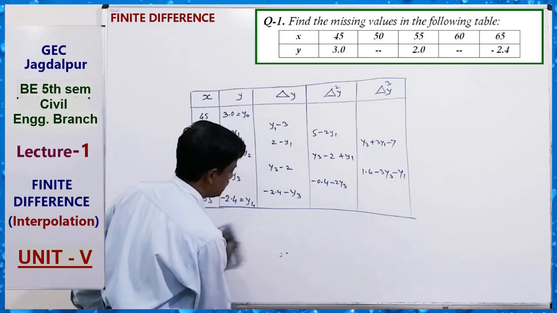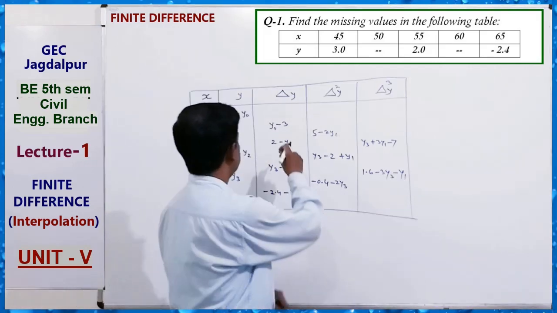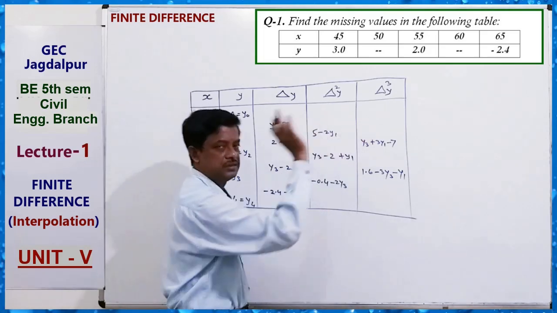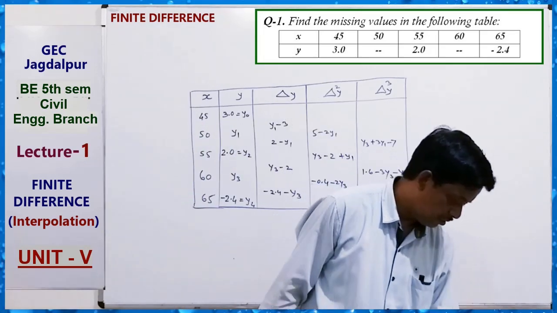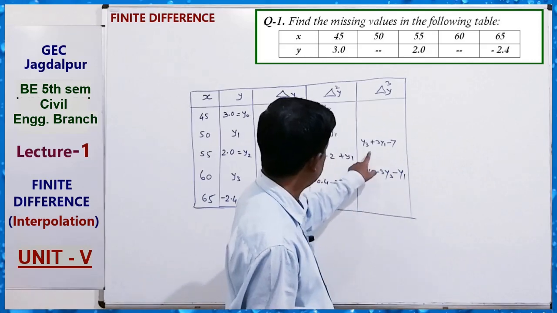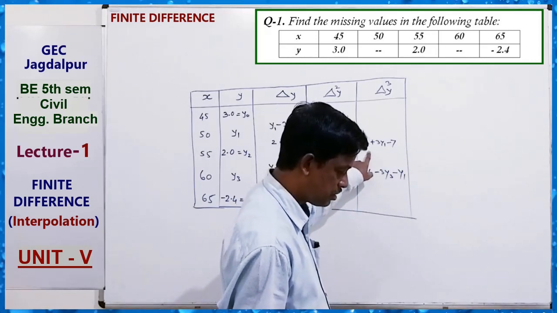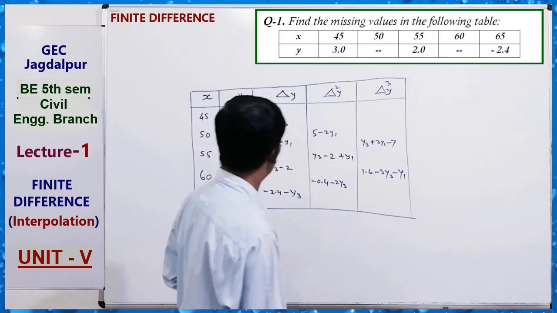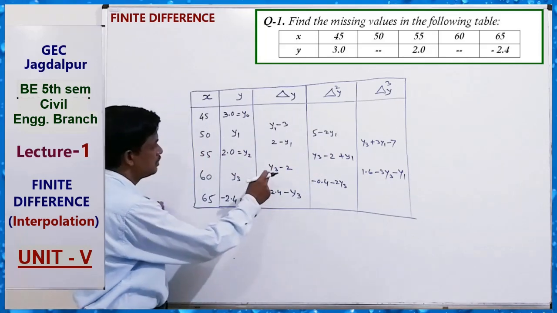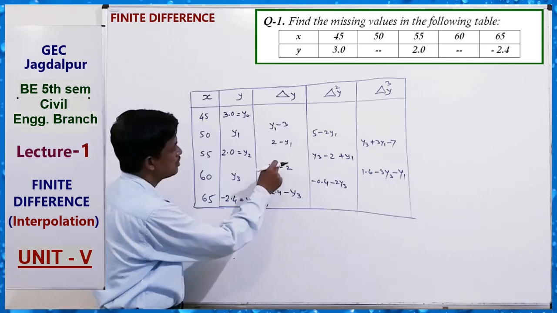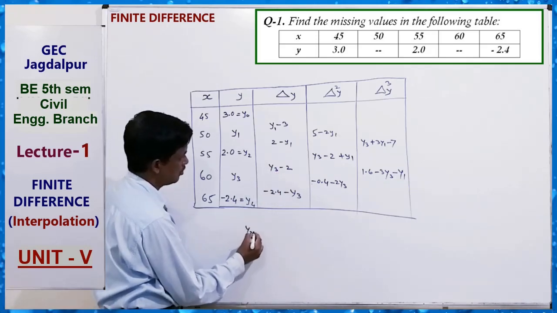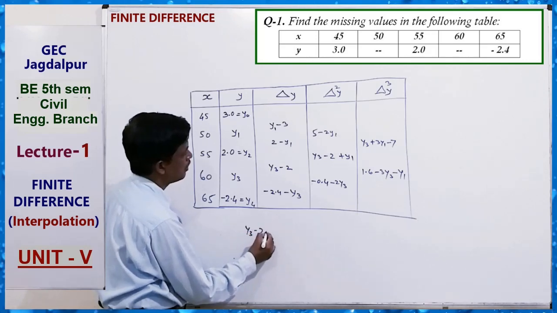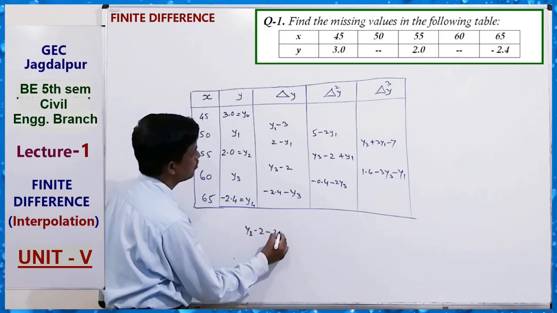So this is the table, but table creation is simple. This minus this, this minus this, each time. Now 3y1 plus y3, here y3 minus 2 plus y1.